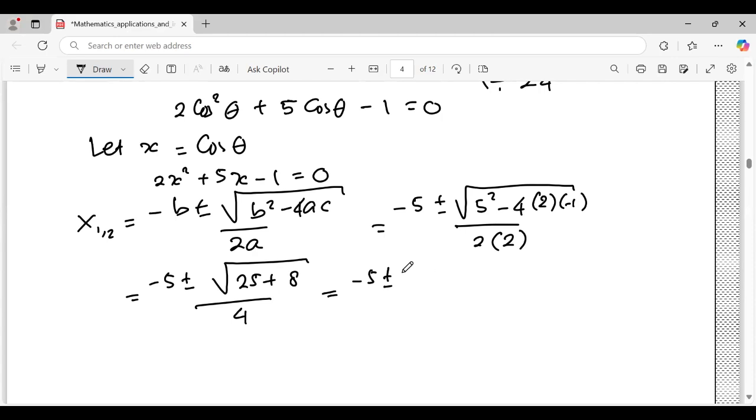Minus 5 plus minus, this is 33. Square root 33 is 5.744. So x1 equals minus 5 plus 5.744, therefore 0.186.